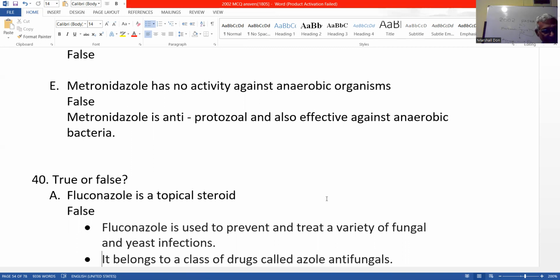Now, facultative anaerobes can grow in anaerobic condition without oxygen, or they also can grow in presence of oxygen. So whatever they have, they accept. So metronidazole is effective against anaerobic bacteria, not aerobic bacteria. So the answer is false.